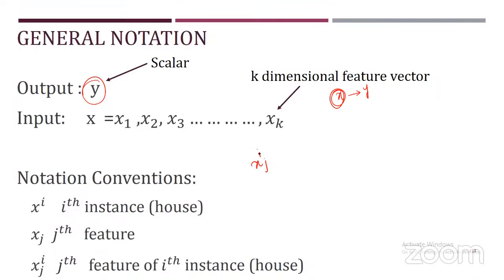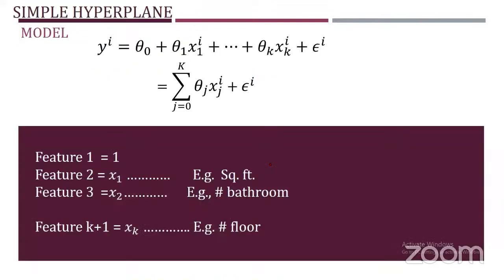That means it is representing your ith instance and jth feature, because the dimension is now going to be more than one. So the representation of the instance is going to be x_i, that means your ith instance, and jth dimension. Okay. This is just the notation part of it, how you will be representing your input.